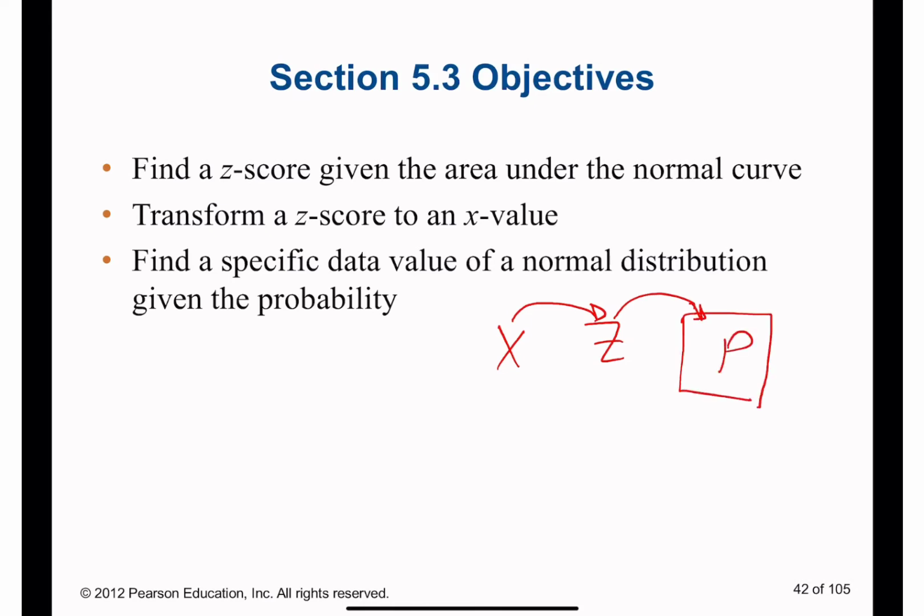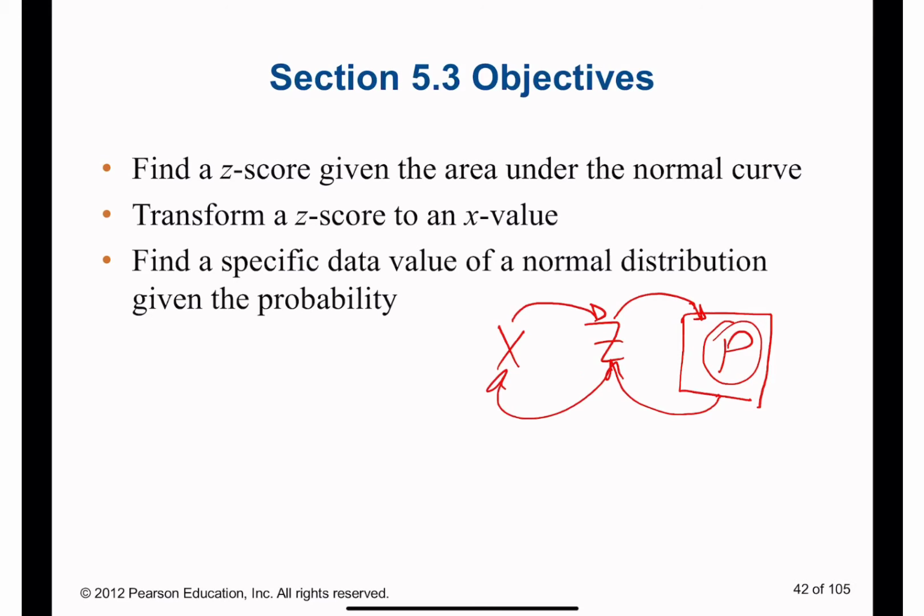Table of probability. Now, what if we know the probability, let's say 70% or 90%, and we want to find which x is matching? From the probability table, we need to find the z-score, and then from the z-score convert to x.